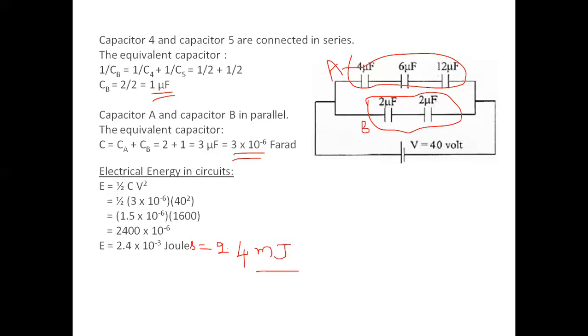If it is a similar type, that is an inductor circuit, in a similar way, but the only thing is that in the magnetic field you need to use half Li square. You need to find the inductor value, and then find the current, then you can find half Li square, the energy in the inductor. Okay, so thank you for listening.